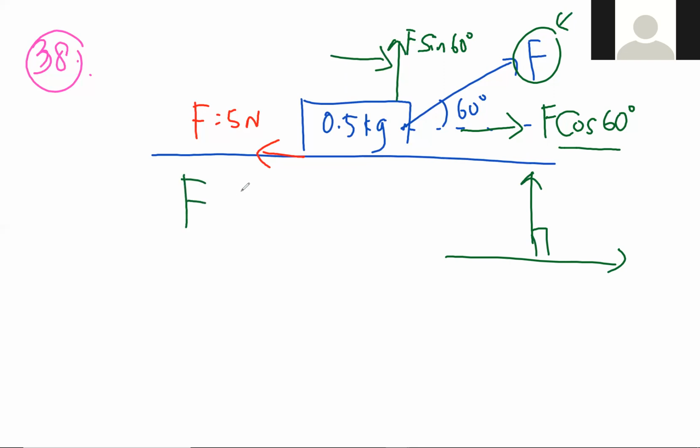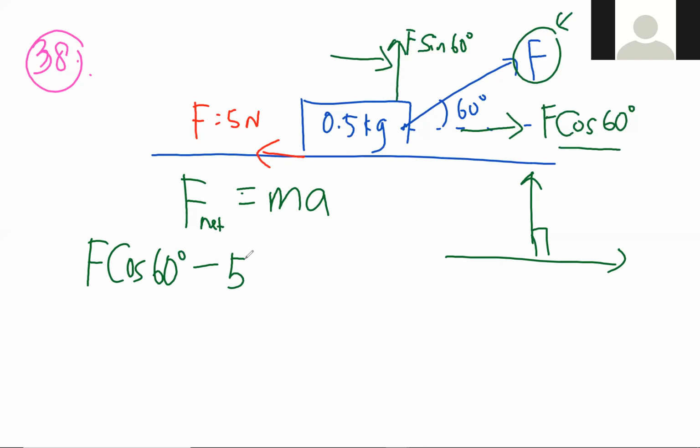F equals ma. You learned about this one. This simply means the resultant force, the net force, will cause the object to accelerate, right? So what is the resultant force in this system? It is F cos 60 minus 5N.